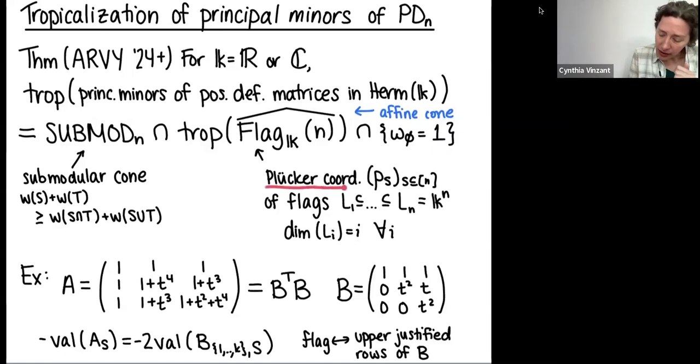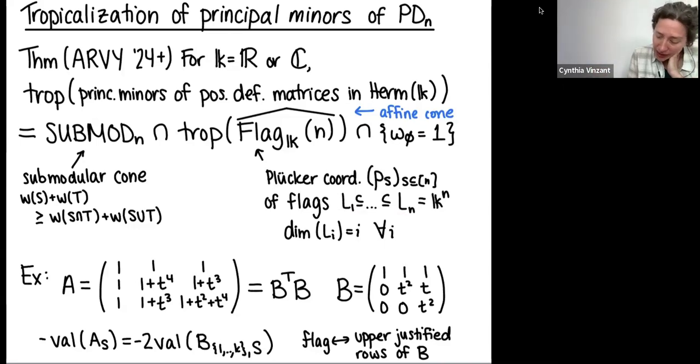And we could record the Plücker coordinates of each of these subspaces. So this lives in a product of Grassmannians, which we can think of as living in a product of projective spaces. If we take what's called the affine cone of this, so for each projective space, we just add in the scaling that we modded out by.